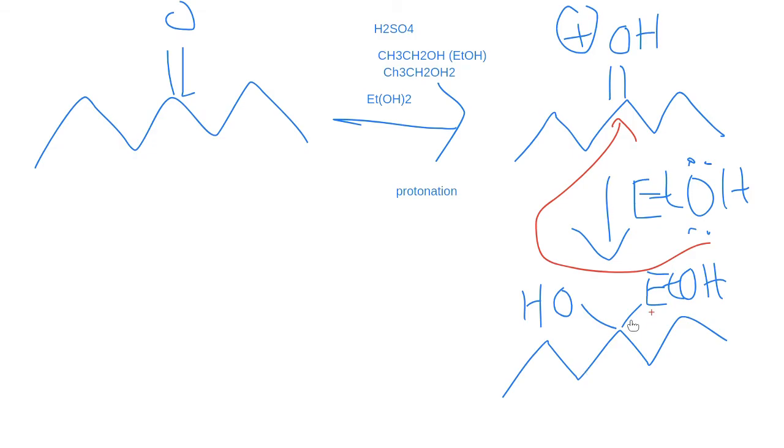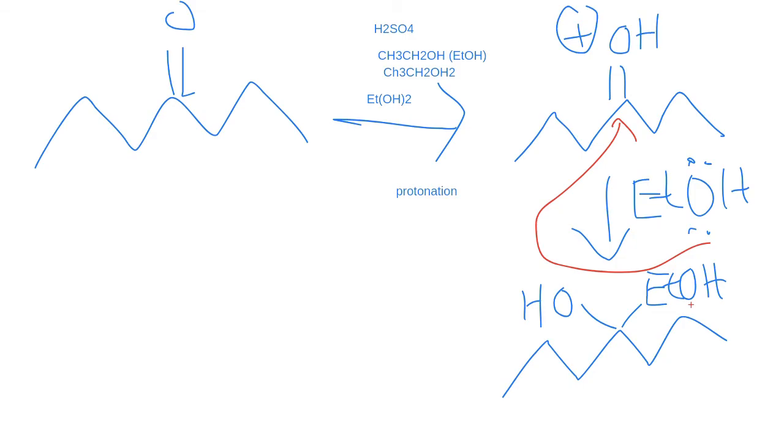So in order to remove the formal charge, and by the way, the formal charge is on the oxygen, not on the ethanol. What do we need to do to remove that positive formal charge from my alcohol group?